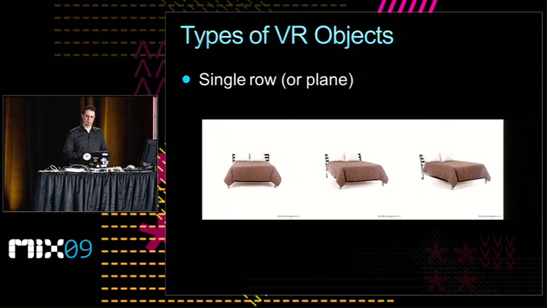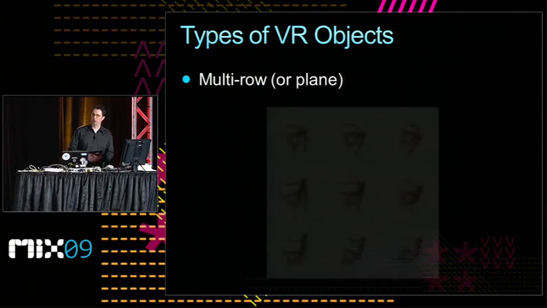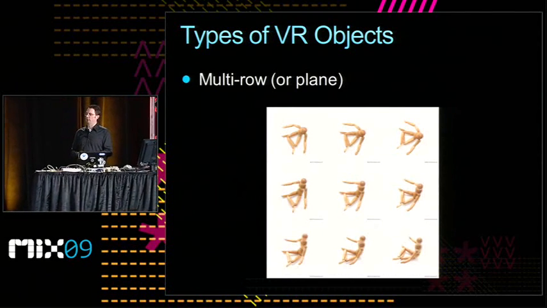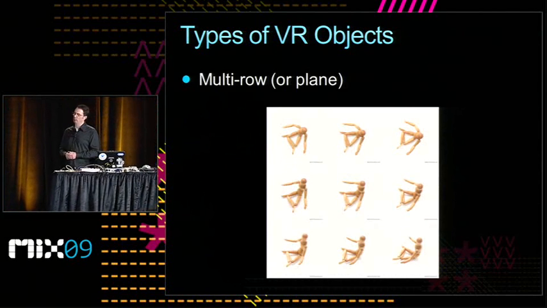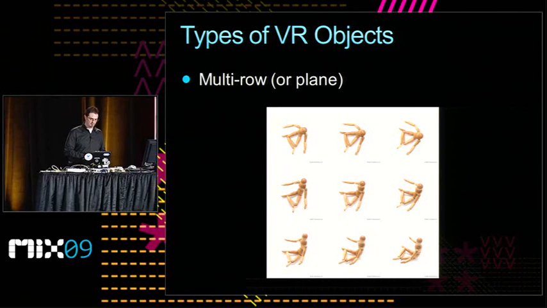This is the first few frames of a full product rotation I have on this bed. The other type is a multi-row or multi-plane. These ones are considerably larger, more complex. Here's the first few frames of the first few rows of a VR of a wooden artist's figure.